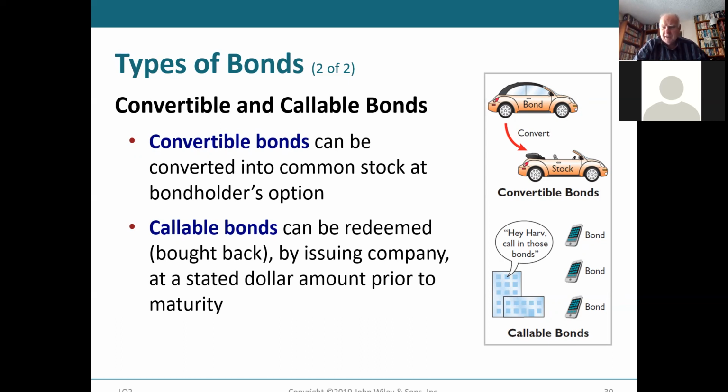So with a callable bond, I can contact you and say, here's your money back. Here is your interest through today, plus some kind of pre-agreed penalty or fee, and the deal is off. I don't know why anybody would buy a non-callable bond, to be honest with you, or sell a non-callable bond, I guess.